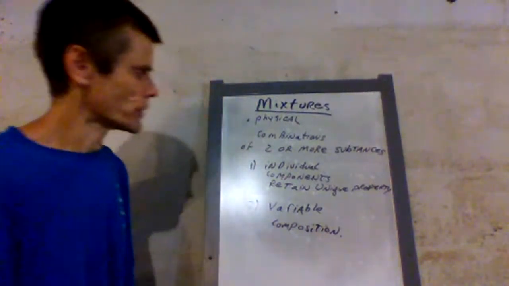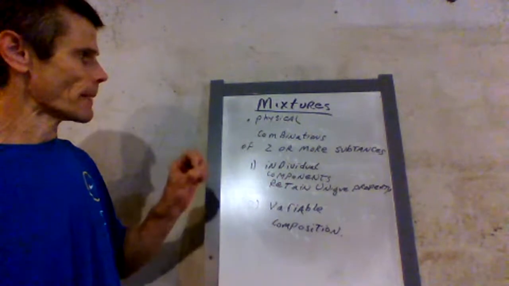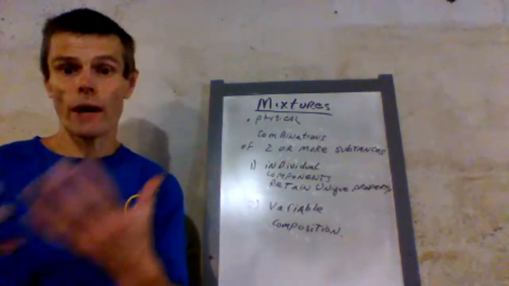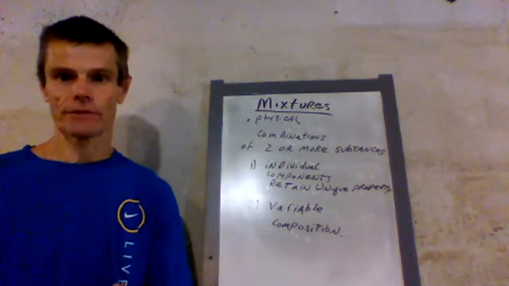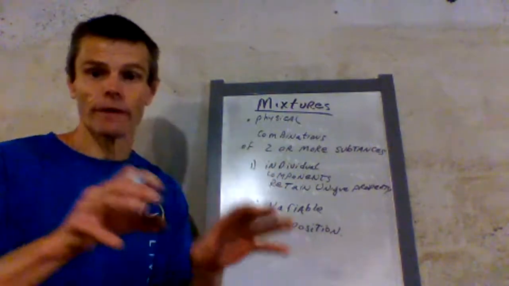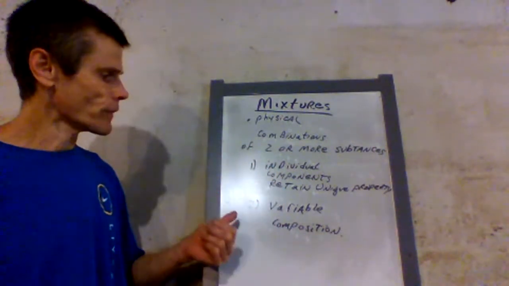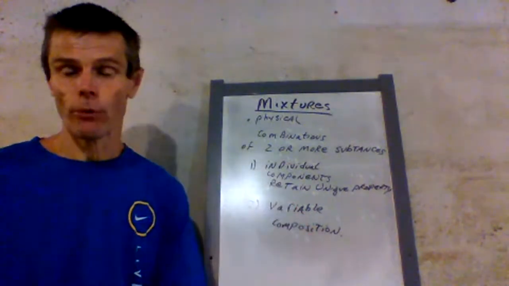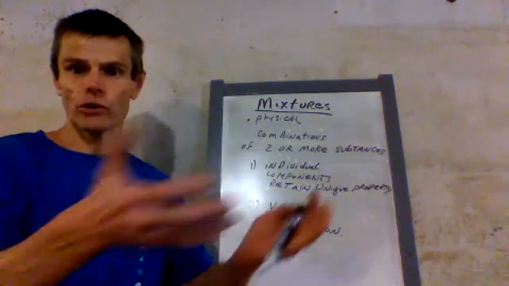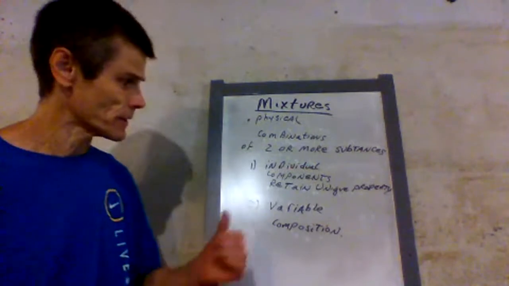So a reality check. How do mixtures differ from pure substances? Well, remember, in mixtures, the individual components retain their own identities, their own unique properties. Compounds, they may have properties that are different than the components that make them up. Another thing is mixtures have variable composition. We might collect a sample of one mixture in one place and it might have a different composition than where we collect it from another place.